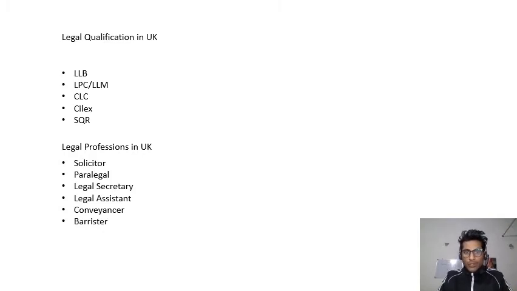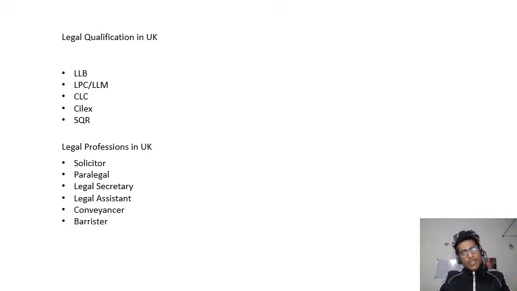It can be commercial property or residential property. In commercial property, they also have experience in real estate, and in residential they buy and sell homes, and this also includes probate and wills.